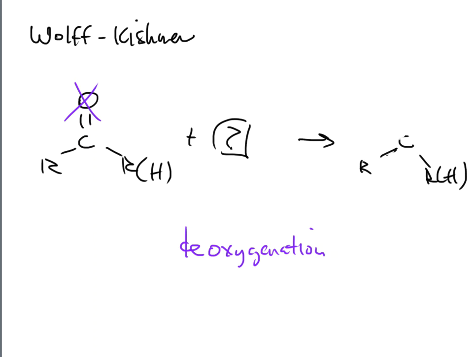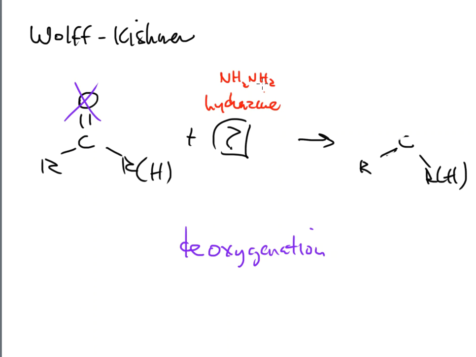And the reagent that is used in order to get this done is something called hydrazine. And hydrazine is NH2NH2. We saw this in a previous video. That's why I said part of this is a review here. So NH2 and NH2, very similar to some of those imine derivatives and stuff that we've talked about.